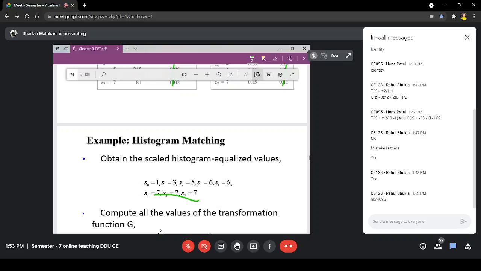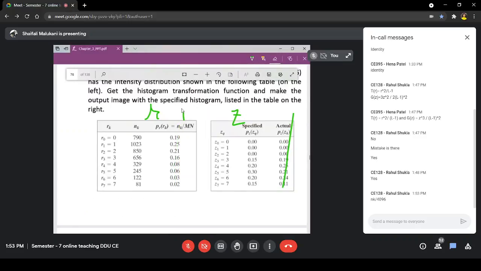So equalization of this is available to us. In the same way, for the second image they have not given nk to us. They have directly given us p of z, the normalized histogram. So no issues, this step is already given to us.